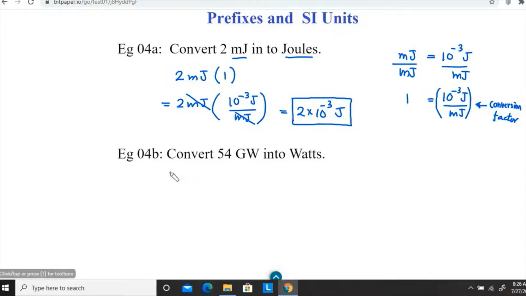In this example 4b, you have 54 gigawatts. So this G stands for giga. Gigawatts into watts. Again, I will try to bridge gigawatts to watts. So gigawatt is equal to 10 to the power 9.